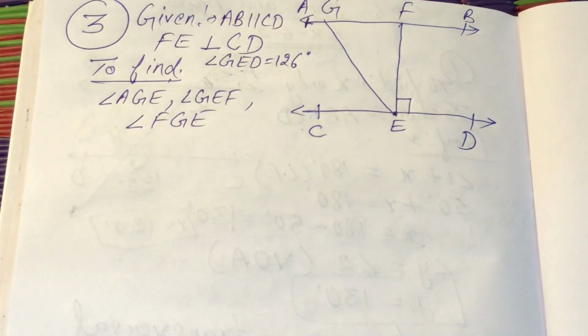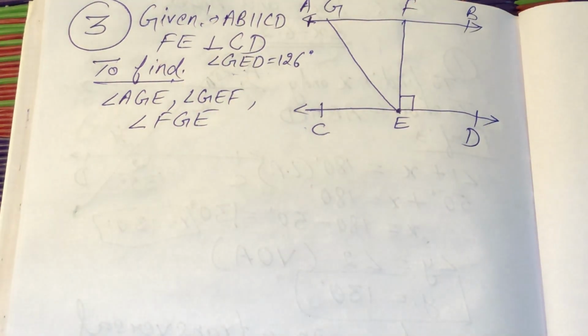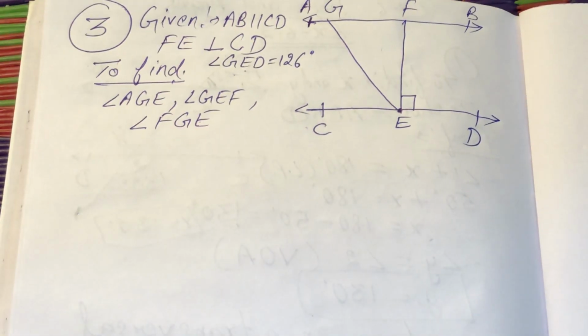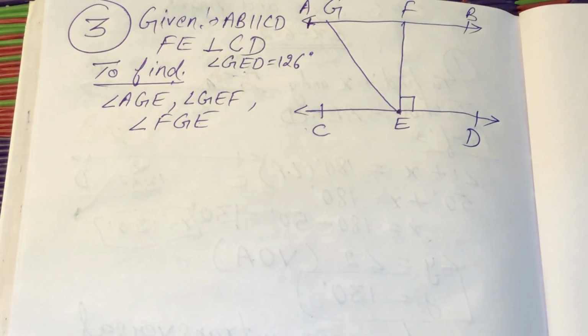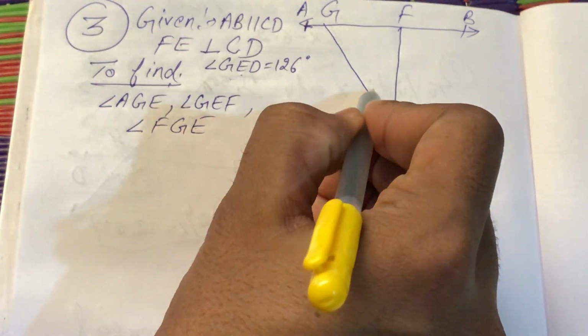Because if we have a clear given section, then we will be able to find out everything very clearly and easily. From the given section we can utilize things, then we will be able to find.